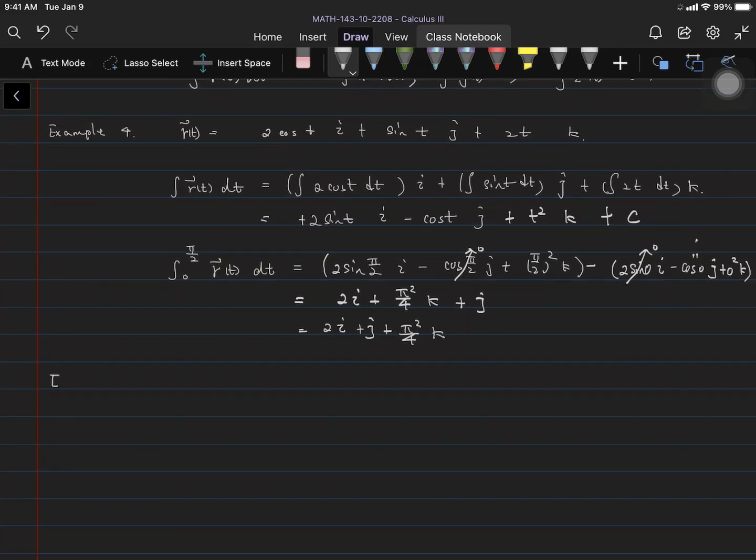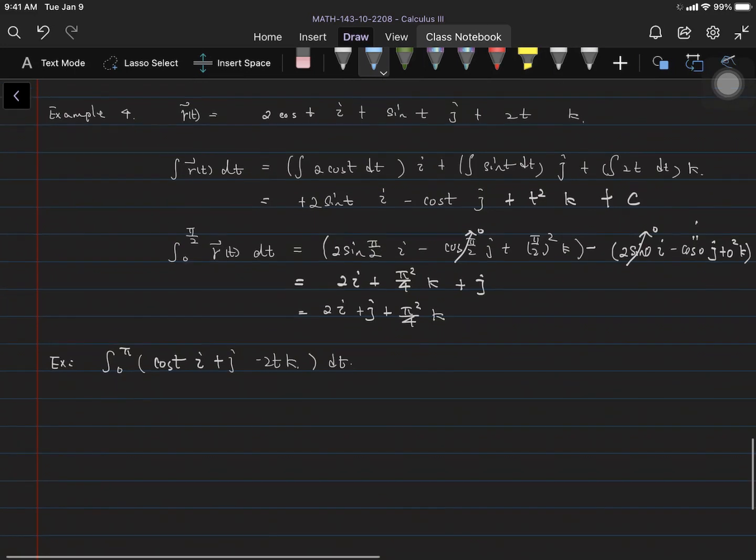Now let's take a look at this exercise. Evaluate the integral from 0 to pi of cosine t i, and dt. Here is the solution.